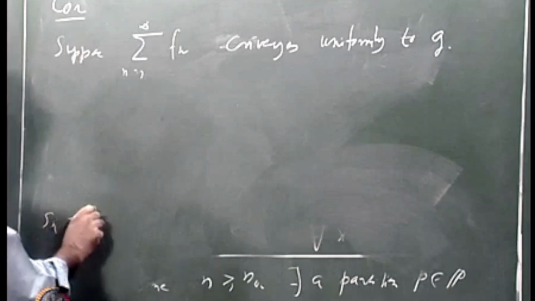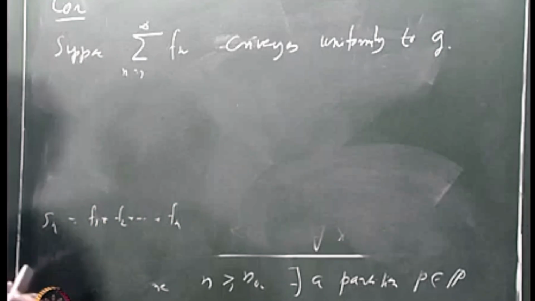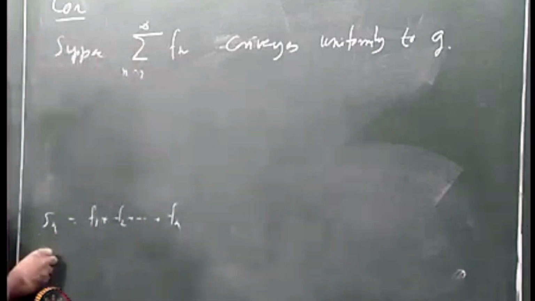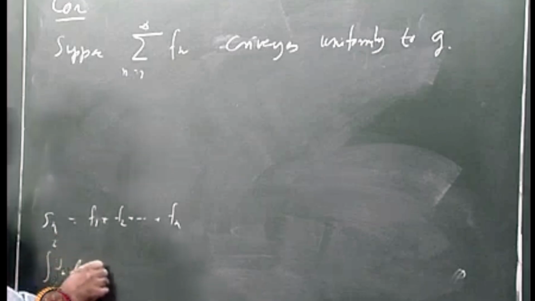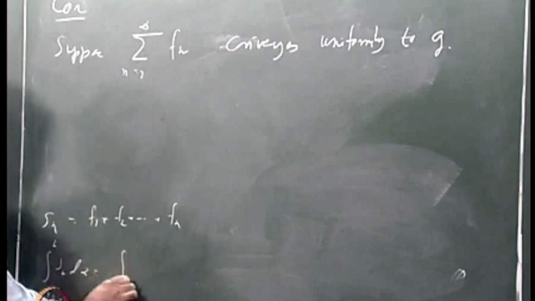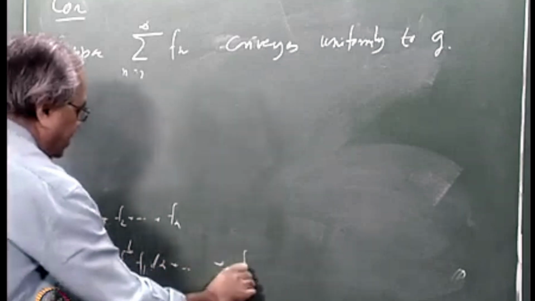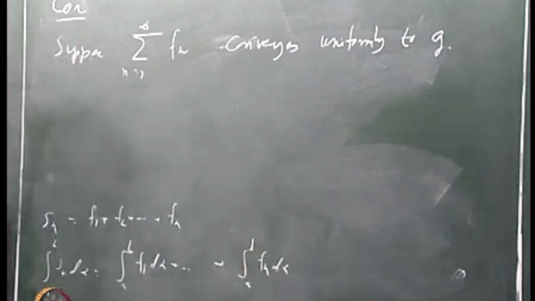Sn is f1 plus f2 plus up to fn. So integral a to b Sn d alpha will be same as integral a to b f1 d alpha plus and so on plus integral a to b fn d alpha.